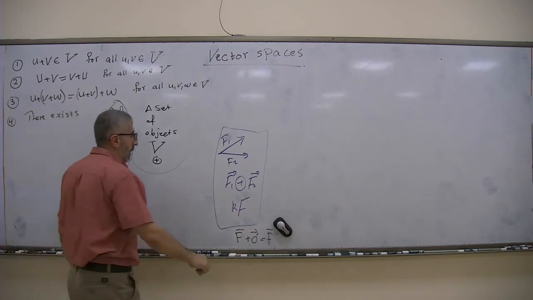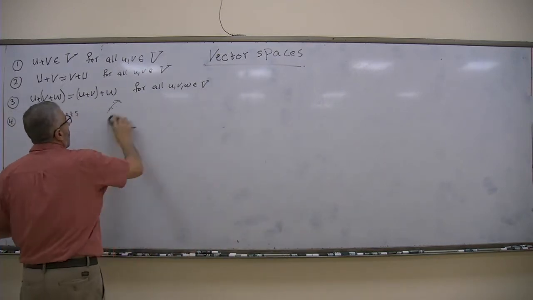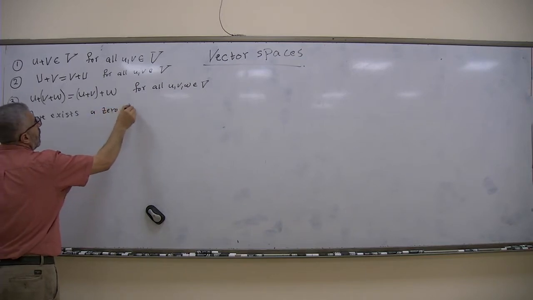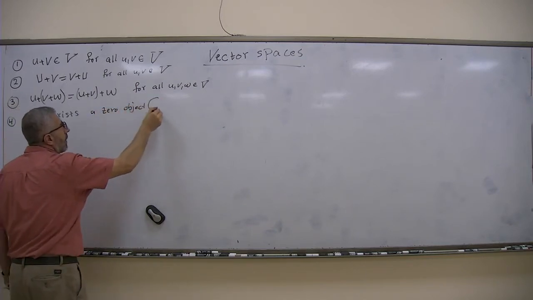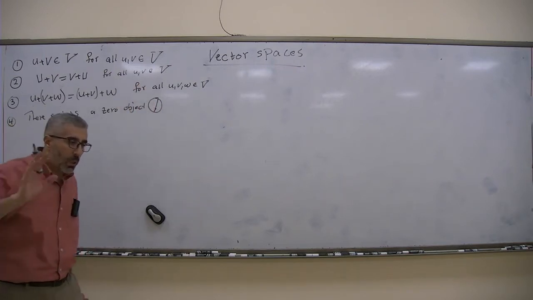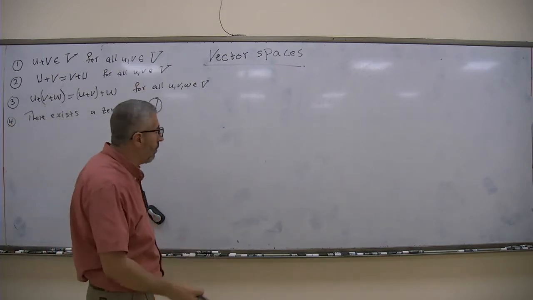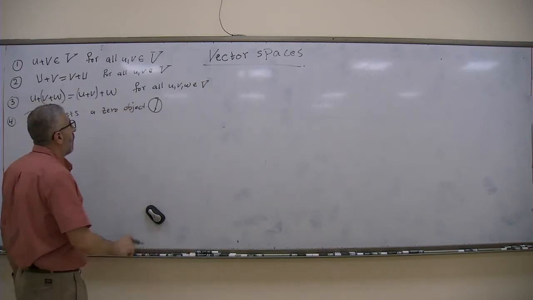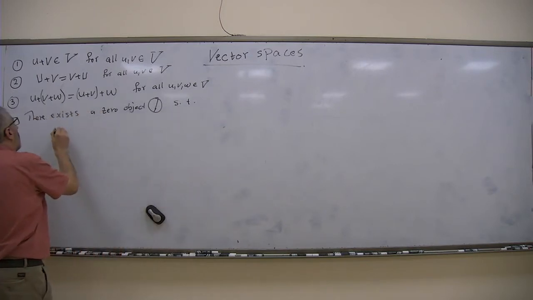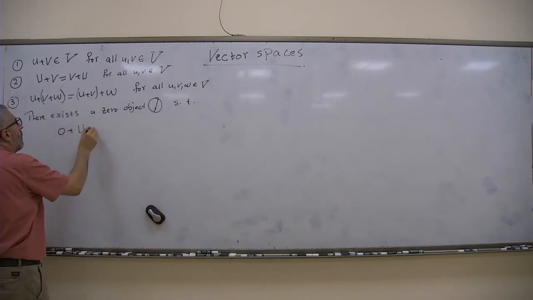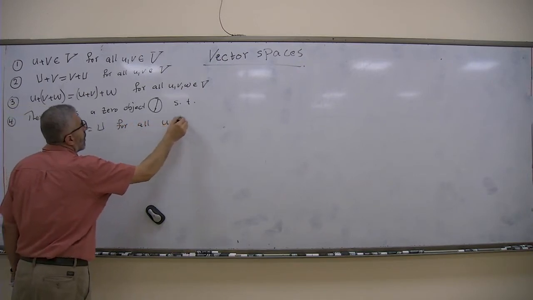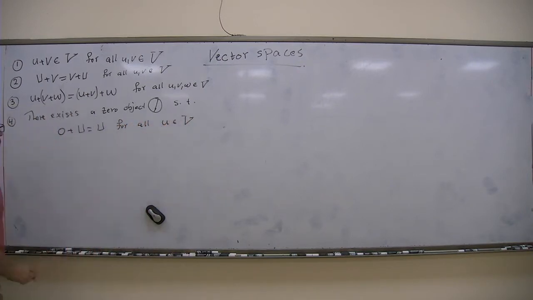Let me make it here capital 0, just to stress that this is a zero object. It's not the zero number that you know from your first grade math. The zero object such that 0 plus u equals u for all u belongs to V.